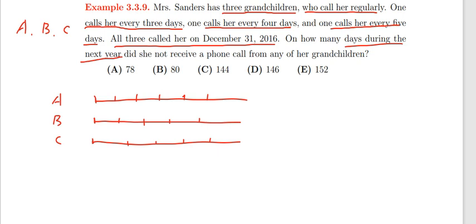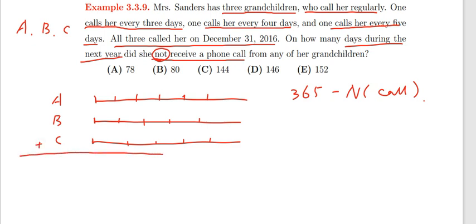Some days she did not receive any call, right? So here we want to find this one, the days with no call. The number of days with no call equals 365 minus the number of days having a call. For the days having a call, we should put it together: sometimes one person calls, sometimes two people call, sometimes three call.